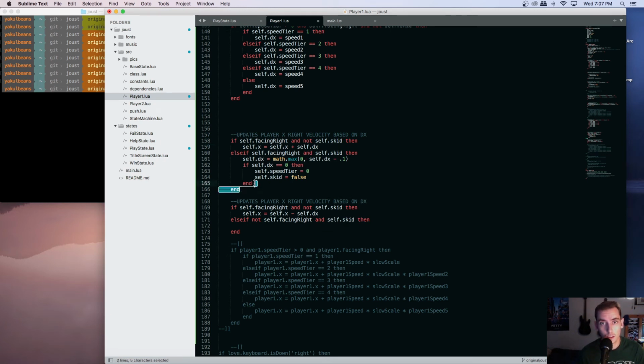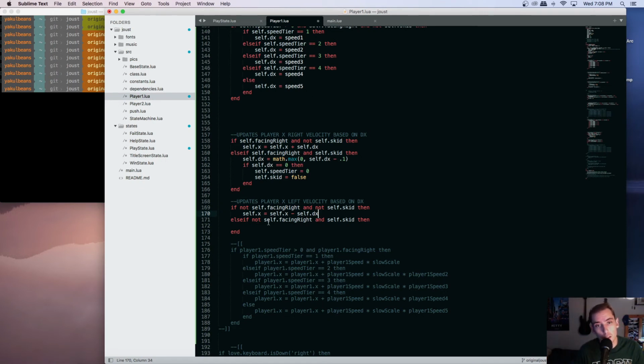And then if it's not facing right and it's not skidding, then its x needs to be shifted in the opposite direction of the x.